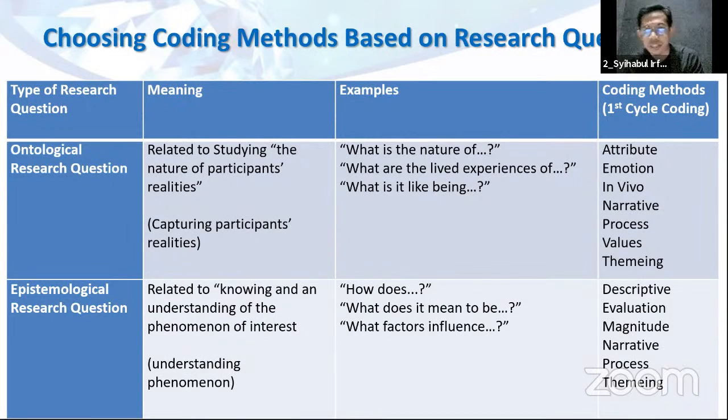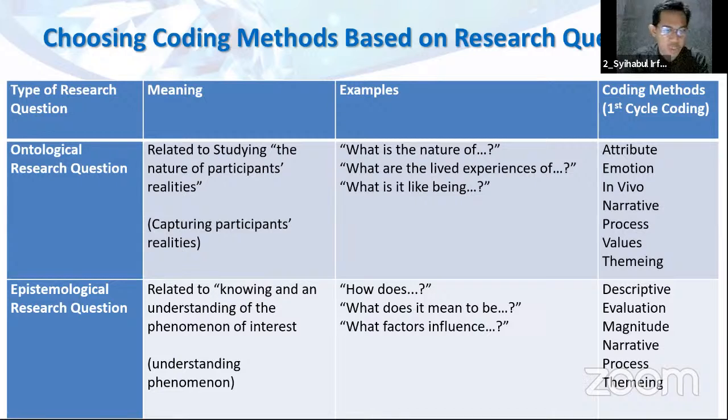What are the lived experiences of da-da-da? What is it like being blah, blah, blah, and so on and so forth. This is question types of ontological research question. The coding methods for first cycle coding, we may use attribute coding, emotion, in vivo coding, narrative coding, process coding, values coding, and theming.